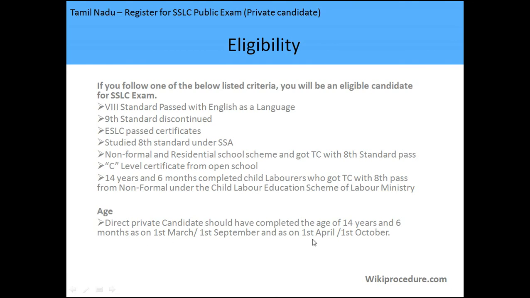March and April is the main exam, and September and October is the supplementary exam, if I'm right. So if your age is 14 years and 6 months on March, April, and September, October, you would be eligible to sit the exams conducted in those specific months.